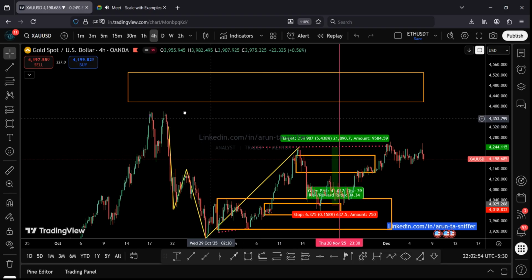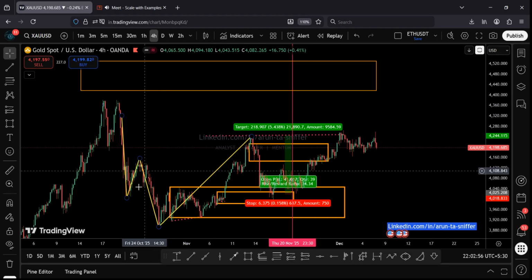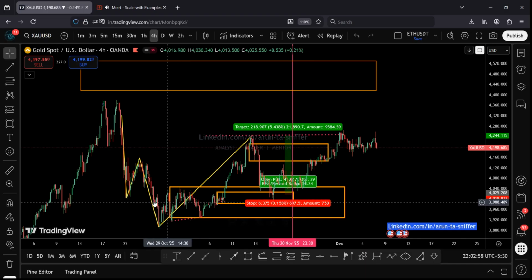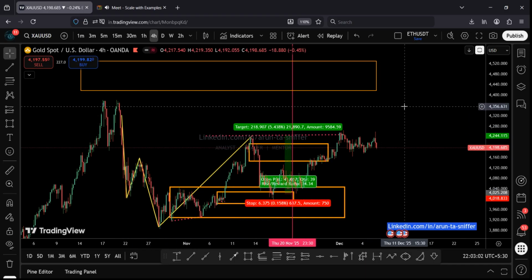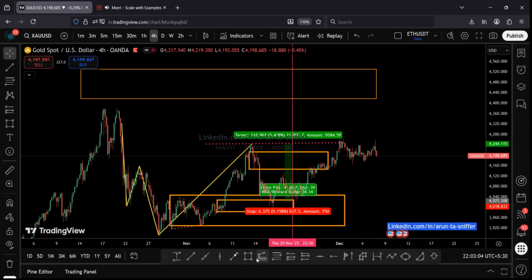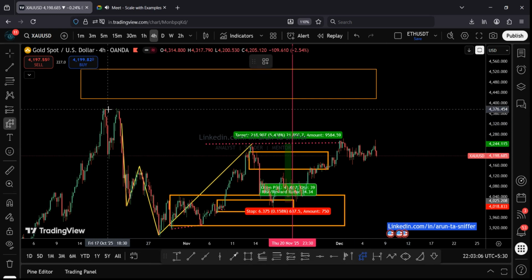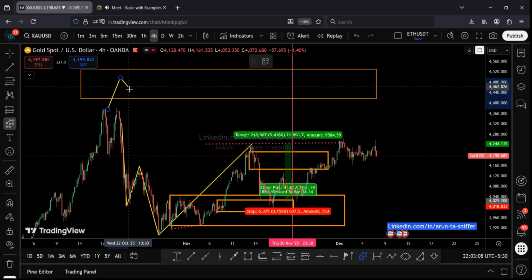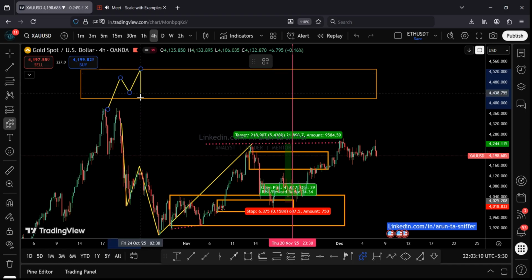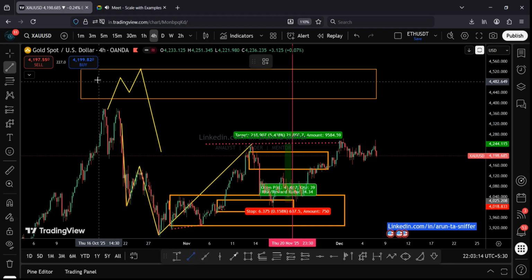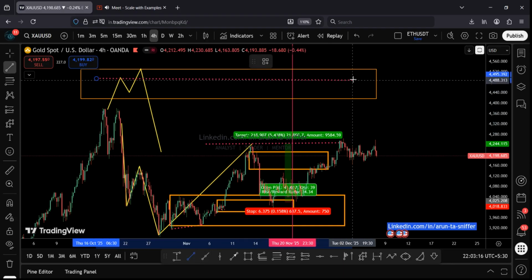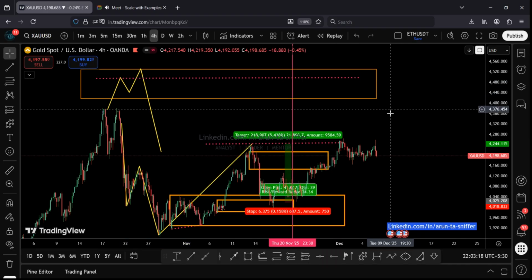Why? In scale we discussed that if price is hitting the LSK level of a QM, there is a possibility that price will come to the LSK of some QM here, like this. If some QM is here, from where the price is coming, there is a possibility that price will hit this QM level, right?